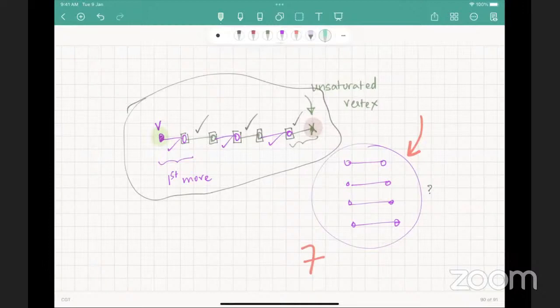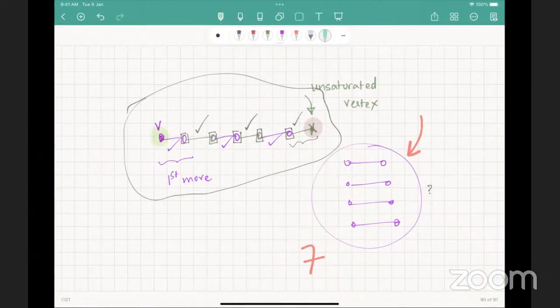And because you're ending at an unsaturated vertex, you can swap out all the matching edges for the unmatched ones to get a matching of the same size, but one that avoids V. So in this case, you contradict the assumption that every maximum matching saturates V, which is what we said was needed for the first player to have a win. So we are assuming that that's true and trying to argue a first player win, and that's what gets contradicted if the first player is stuck.